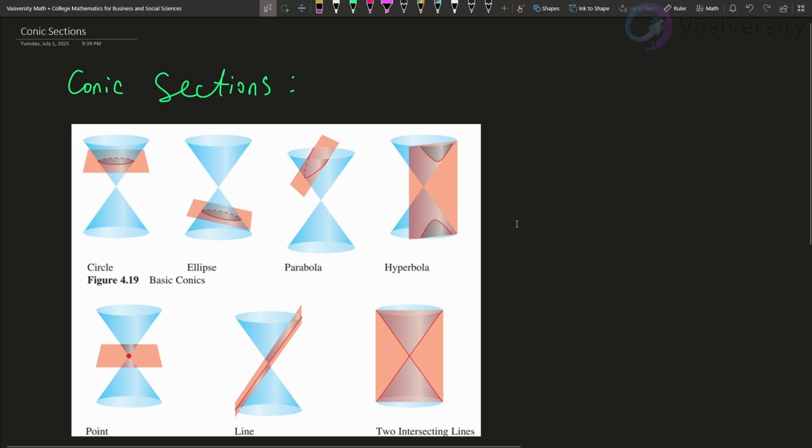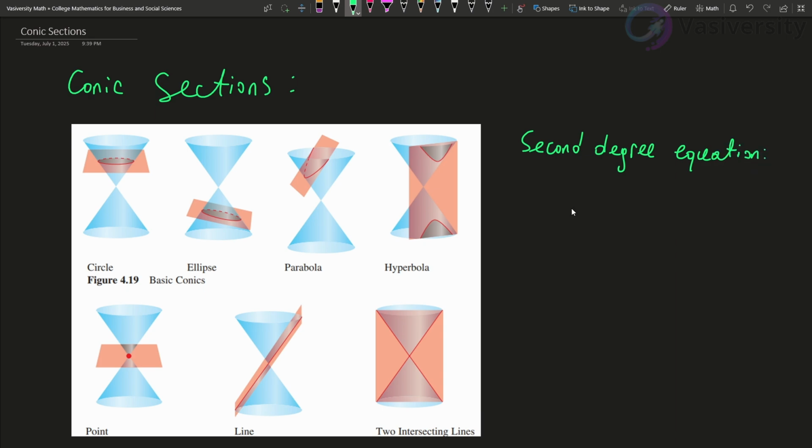All right, and of course, one of the ways we can represent those equations is through a quadratic equation, right? But let's take a look at the more general form of the second degree equation. I'm going to call it second degree just so we don't confuse it with the quadratic equation.